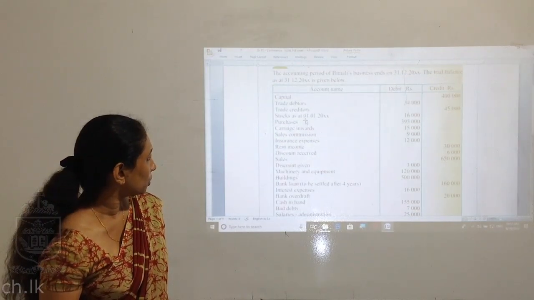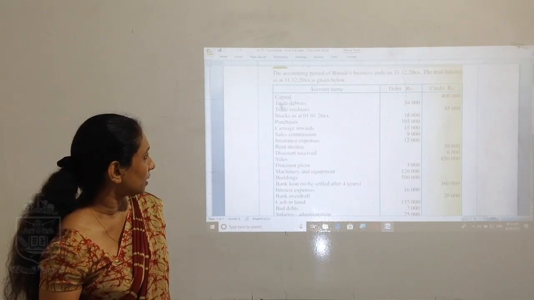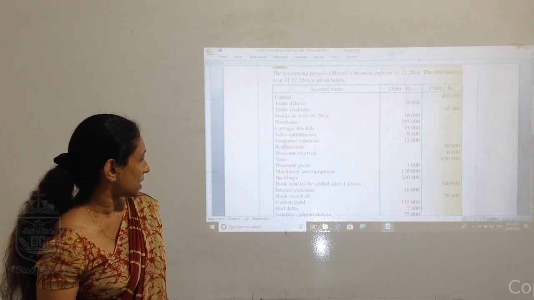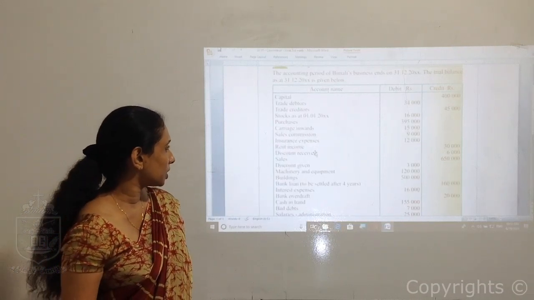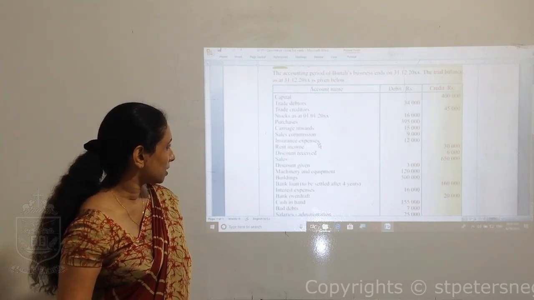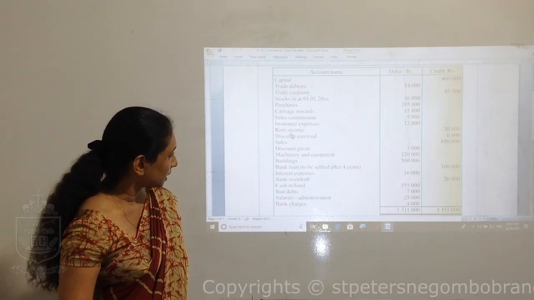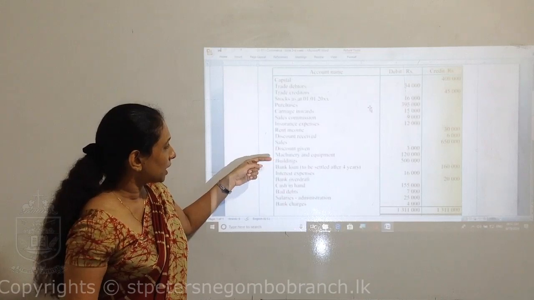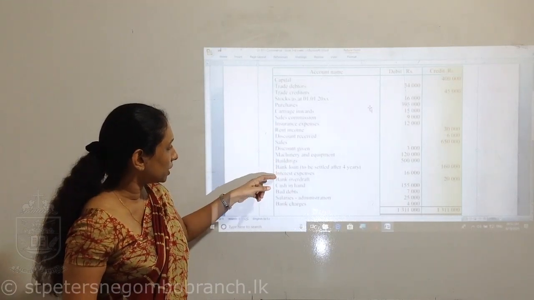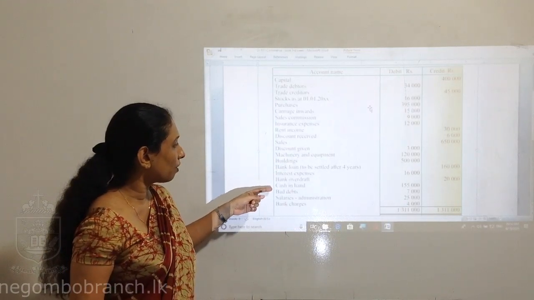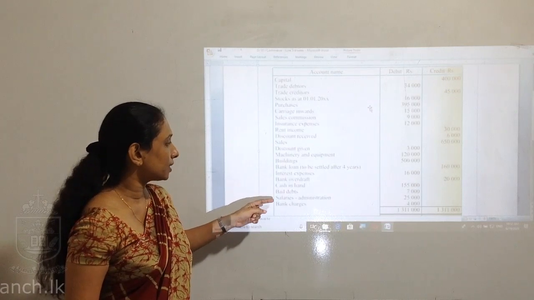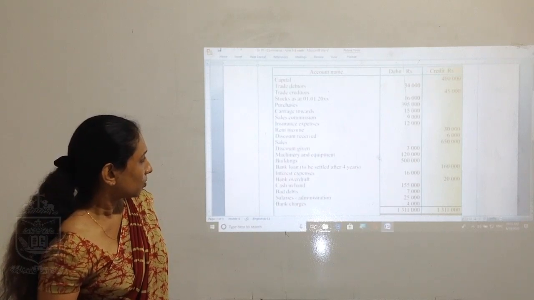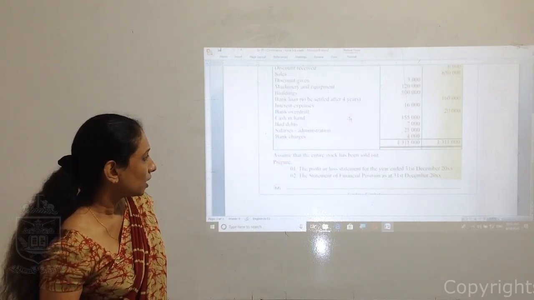It says capital, trade debtors, trade creditors, stocks, purchases, carriage inwards, sales commission, insurance expenses, rent, discount, rent income, discounts received, sales, discounts given, machinery and equipment, building, bank loan, interest expenses, bank overdraft, cash in hand, bad debts, salaries and bank charges, with the figures given here.